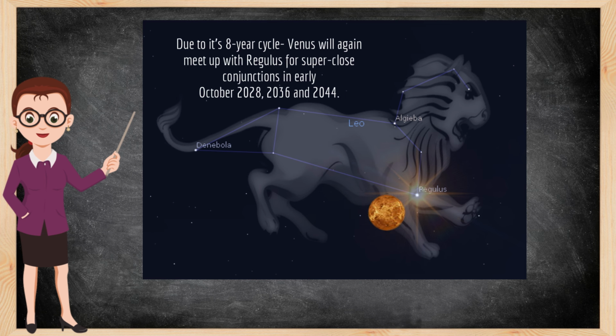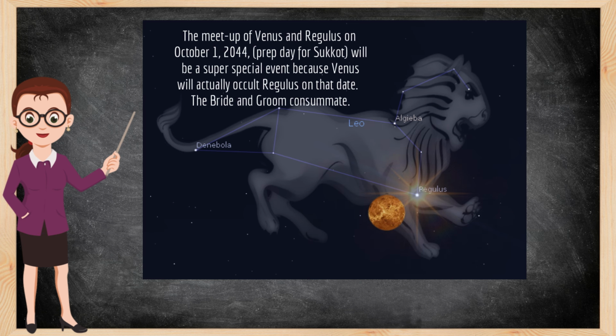Due to the planet's 8-year cycle, Venus will again meet up with Regulus for a super close conjunction in early October of 2028, 2036, and 2044. But this meetup of Venus and Regulus on October 1st, 2024, prep day for Sukkot, will be a super special event because Venus will actually occult Regulus on that day.